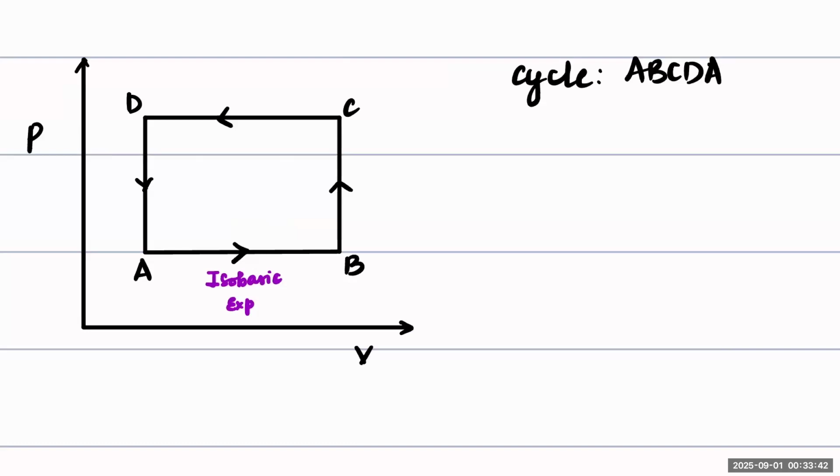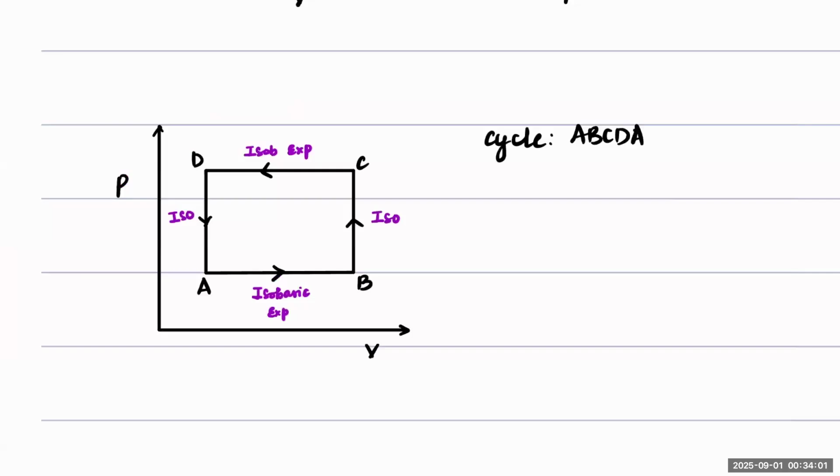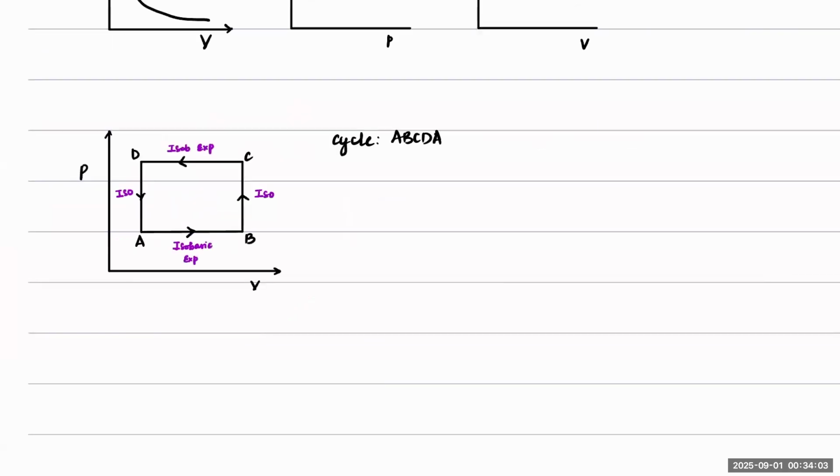Second case is B to C, which is isochoric, isn't it? And the third case is isobaric again, and it is an expansion. The fourth case is isochoric. In isochoric, since it is at constant volume, we cannot say it is expansion or compression. Okay, clear, beta?